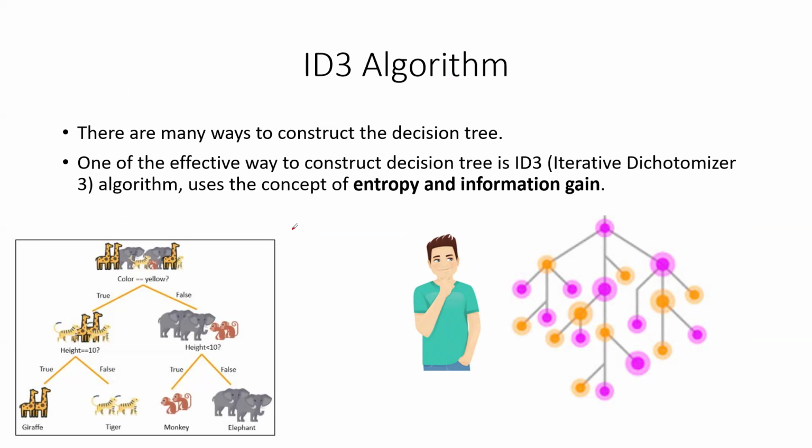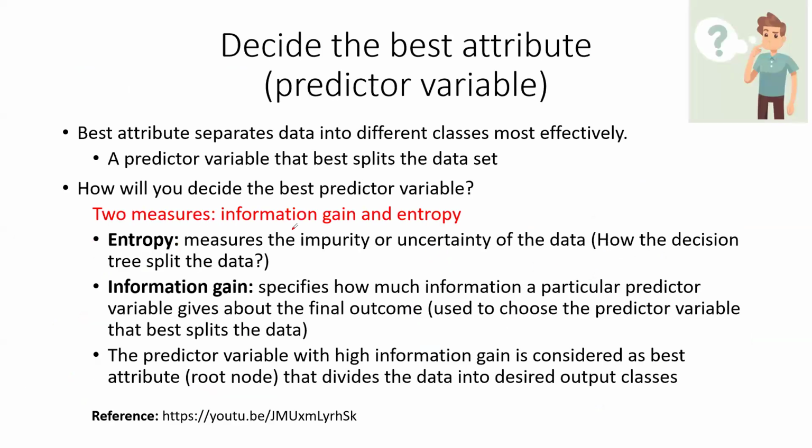One such way is the ID3 algorithm, which uses the concept of information gain, where we have to calculate the entropy. What is entropy? Entropy is the measure of impurity in the data set; the uncertainty is measured.